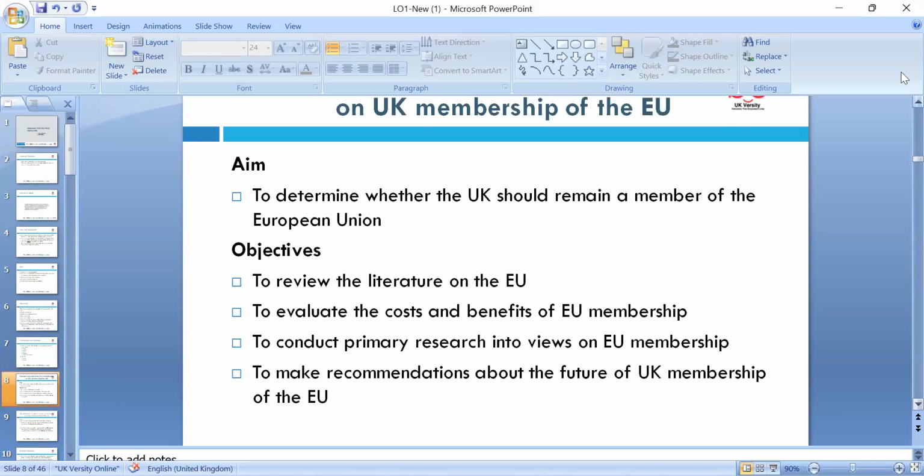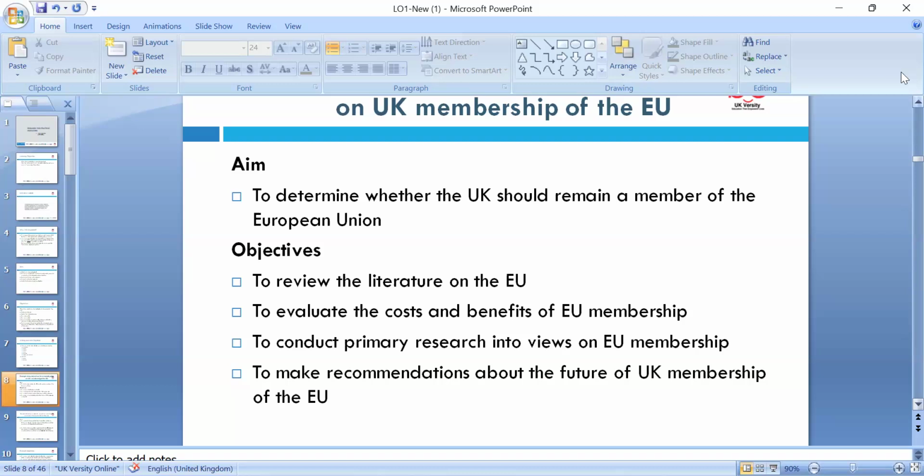This is just for the sake of a few questions, to determine whether the UK should... Of course, we're not within the EU anymore, but of course we are part of Europe, just not in the EU. So if we are conducting research, we can review the literature and evaluate the cost and benefit of membership.